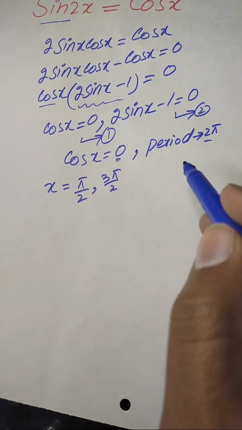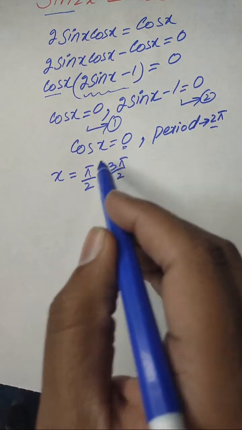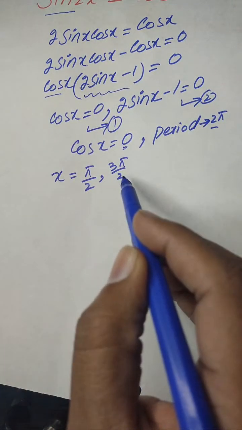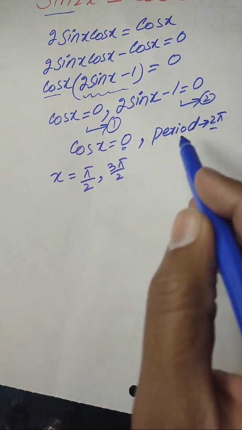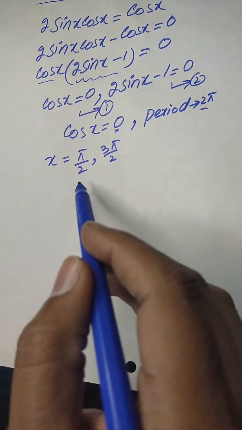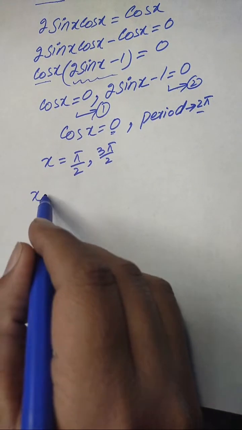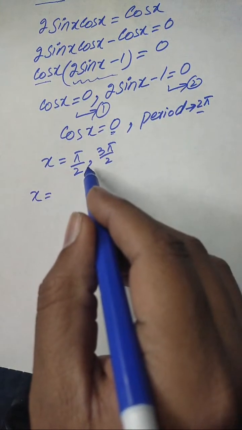So after that we find x is equal to pi by 2 and 3 pi by 2, and we know that the period of cos is 2 pi. So in order to find the general values, we just add the period of cos.